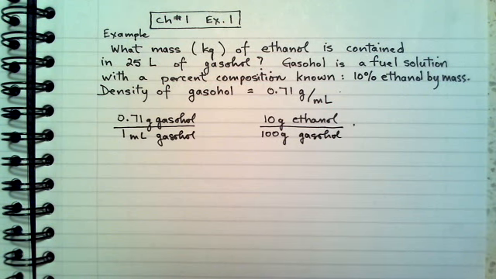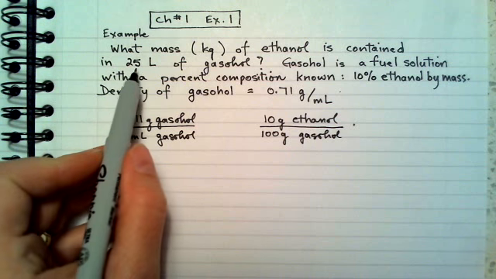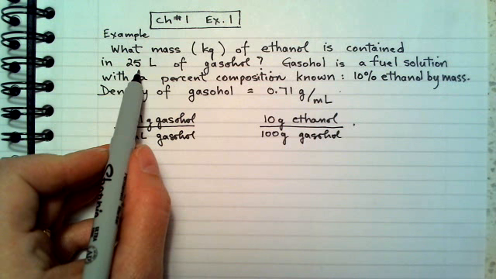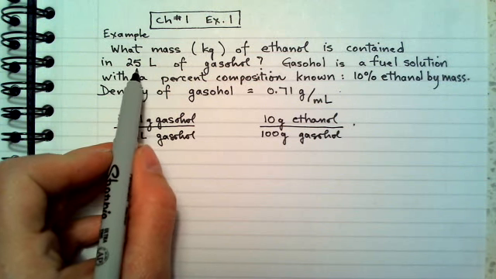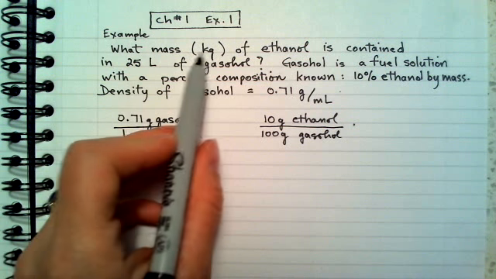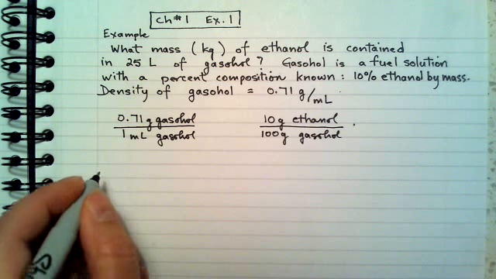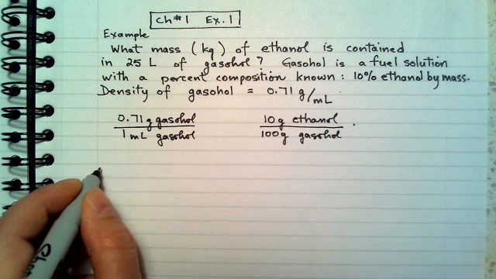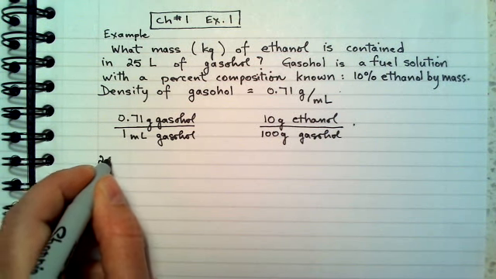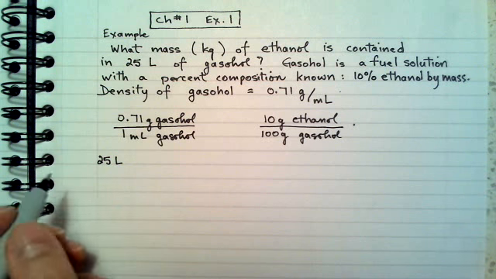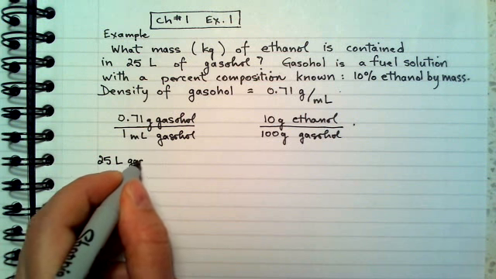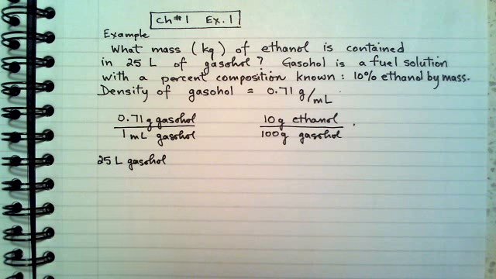And now we're ready to go. We have to decide where to start. They're giving you 25 liters, so we'll start there, and we want to work our way to a mass of ethanol in kilograms. So we'll start with 25 liters, and that's 25 liters of what? 25 liters of gasohol.